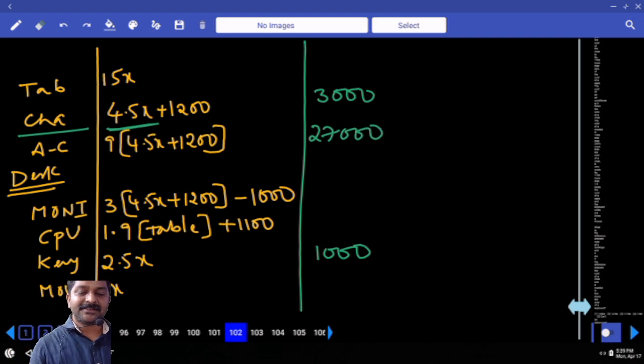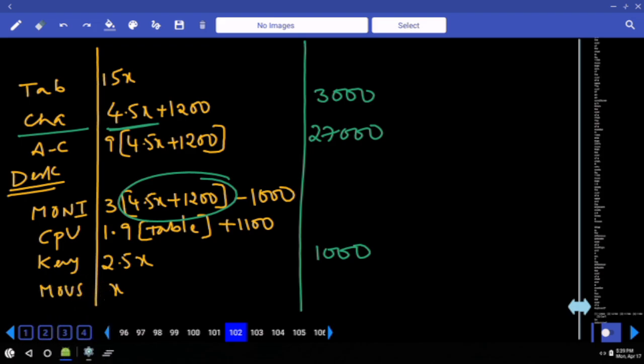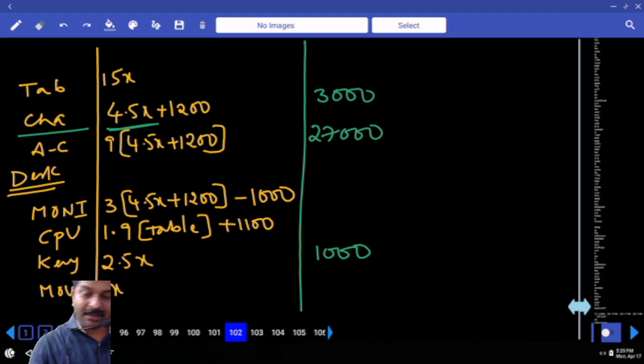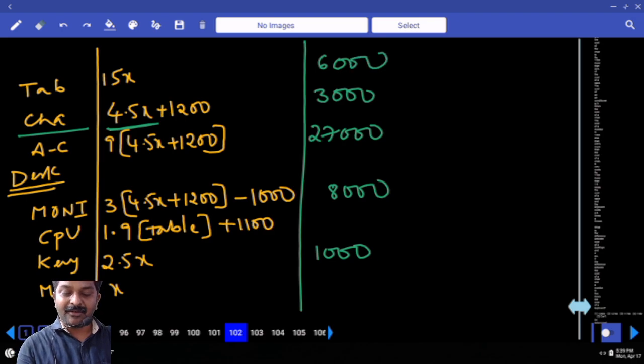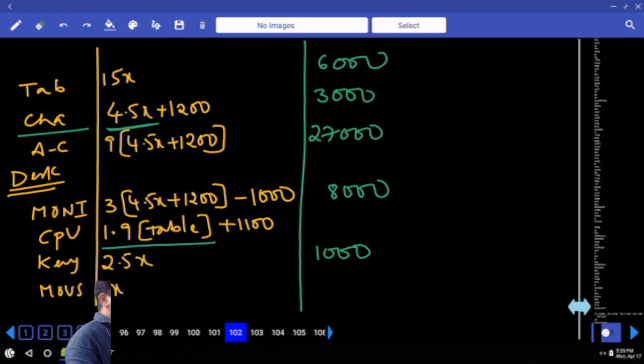27,000. Yes. What is this fellow? 3000 into 3 minus 1000, okay, here it is 8000. We need the table value. Table in the sense 15x only. What is the x value? 400. 15 times of 400 is 6000. 1.9 into 6000.